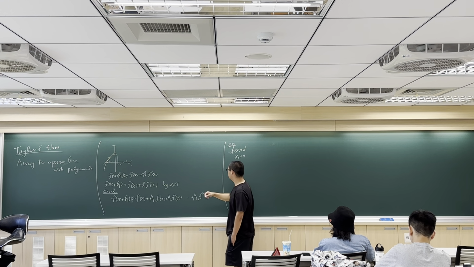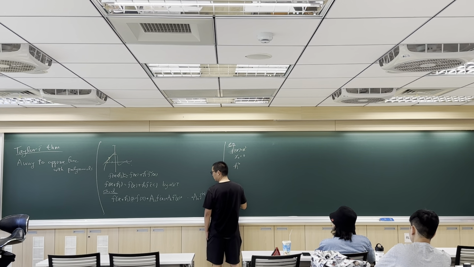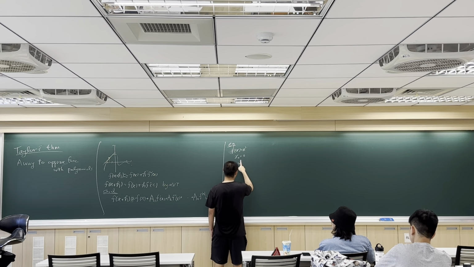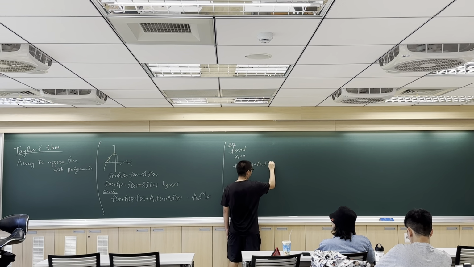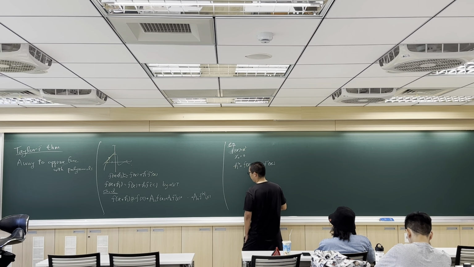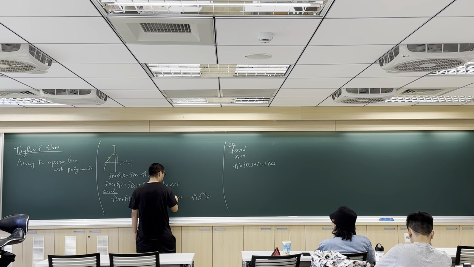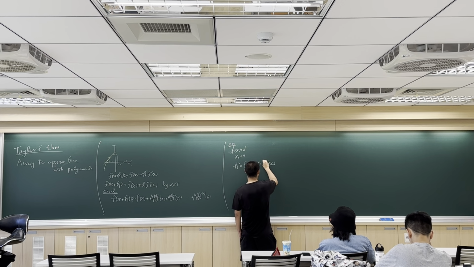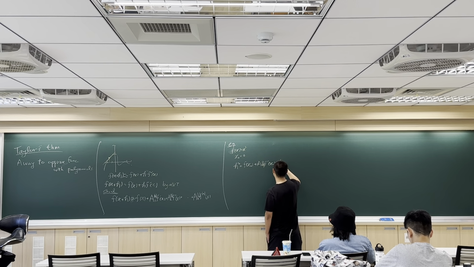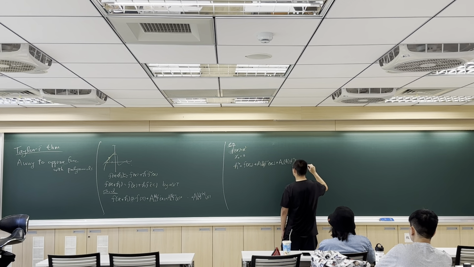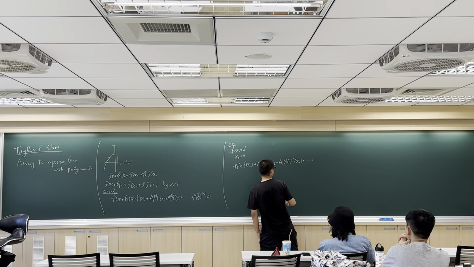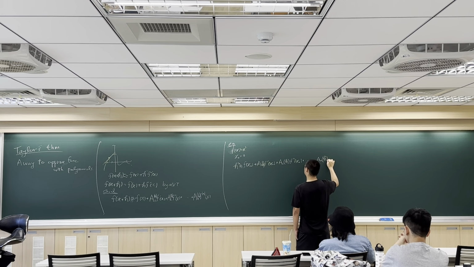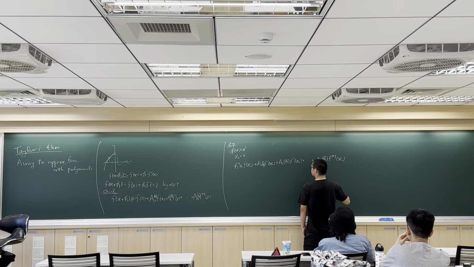I want to write out something like h squared equals f of x0 plus a1 h f prime of x0 plus a2 h squared f double prime of x0, plus and so on up to n, something like this.